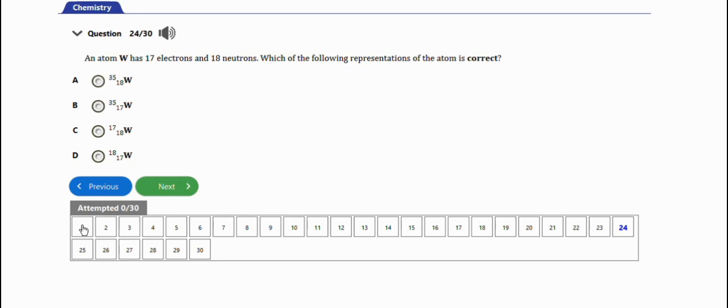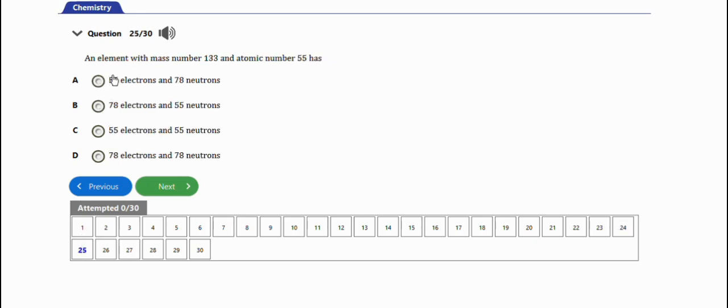The next question will be this one. It says an element with mass number 133 and atomic number 55 has, so yeah, this atomic number is the proton number, right? So it's going to have 55 electrons, because the number of protons equals the number of electrons in a neutral atom.